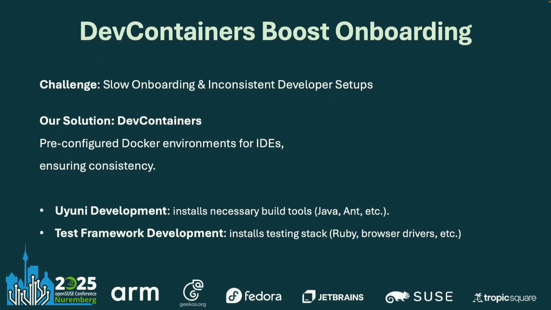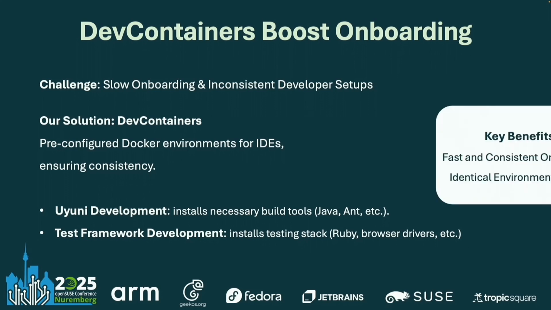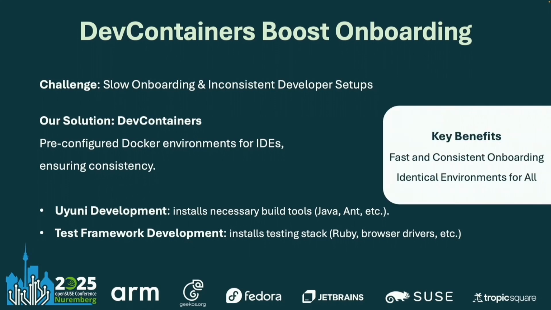So a developer simply opens the Uyuni project in their IDE, like Visual Studio Code or RubyMine, and if the IDE sees a dev container setup, it offers to build and open it. In just minutes, they have a complete, consistent environment with all tools and needed files installed and set up.